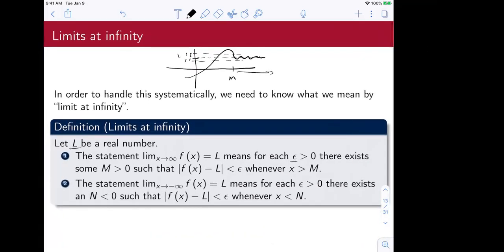Okay, and for the limit as x approaches negative infinity, it's almost exactly the same, only instead of some m bigger than 0, we need some n less than 0, so that whenever x is less than n, that guarantees that f of x minus L is less than epsilon in absolute value.